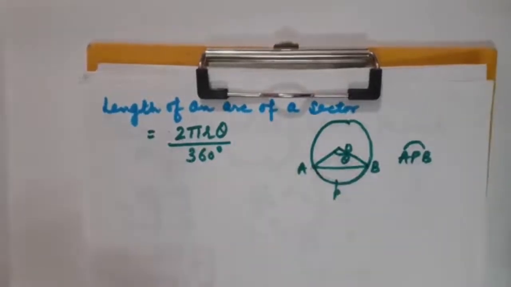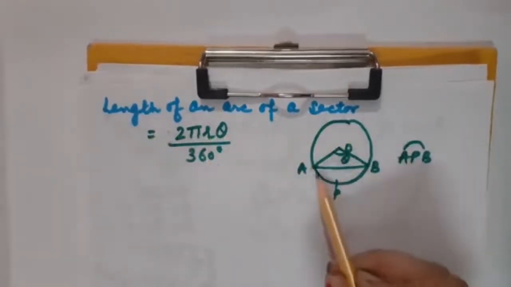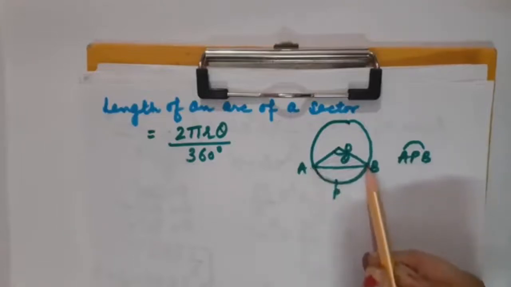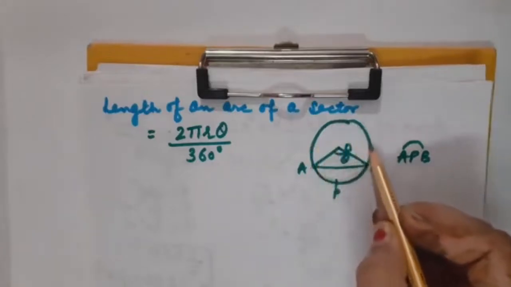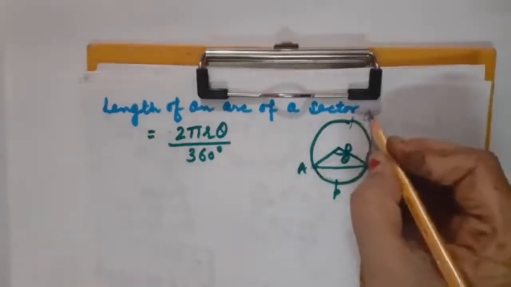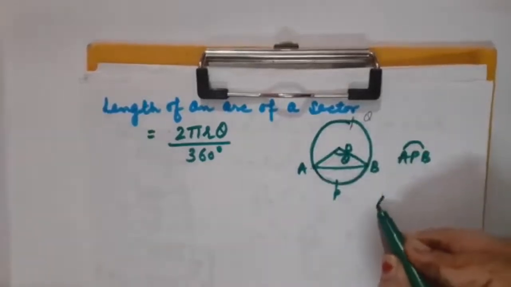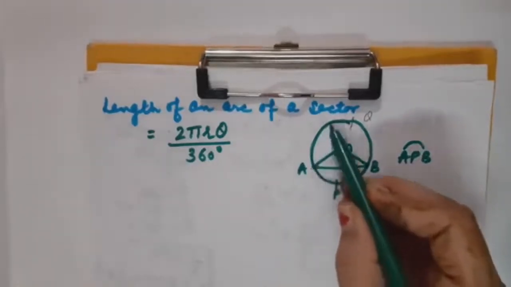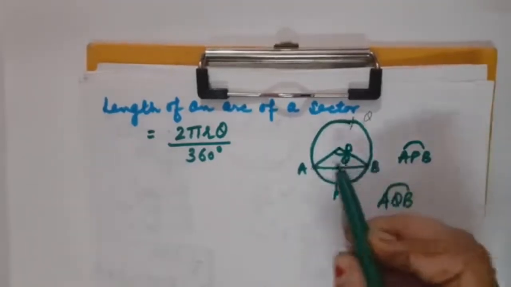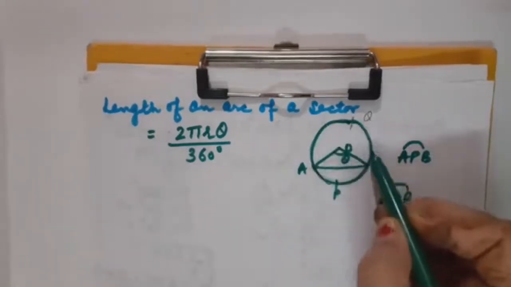Suppose it is said that you have to calculate the length of the arc of the corresponding sector. Here the corresponding sector is the minor sector. If I have to calculate the length of this part, let it be point Q. Can you give a name to this arc? It will be AQB. Fine. For the minor arc I had APB. For the major arc I have AQB.